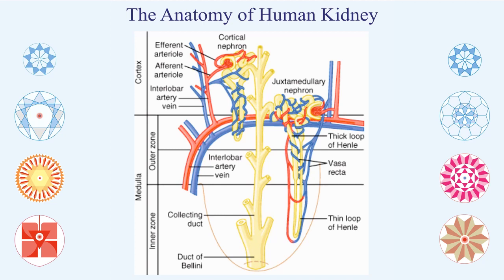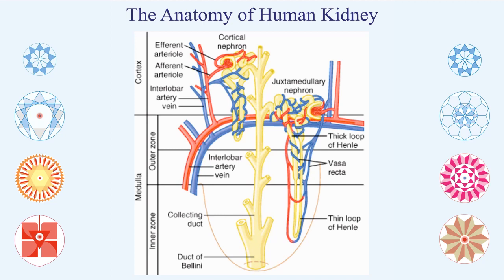Consider the structure of the collecting system: afferent arteriole, capillaries, efferent arteriole, then Bowman's capsule, and then urine is formed. It's reabsorbed, excretion is done for the concentrate, and then the whole thing is collected and passed on.